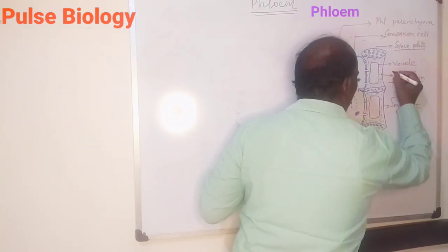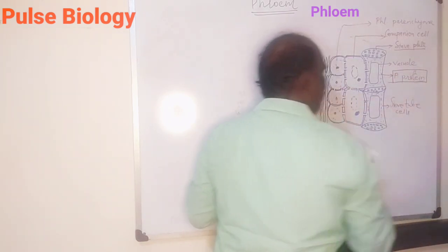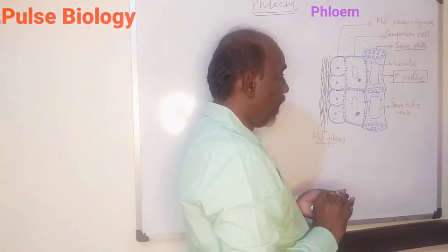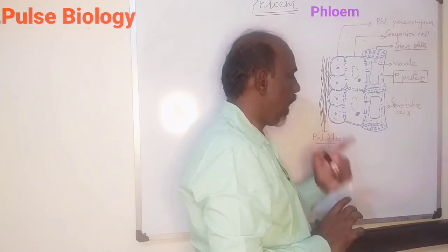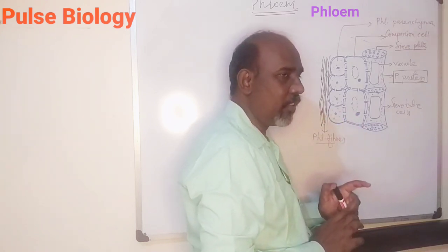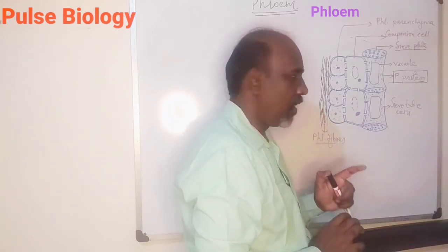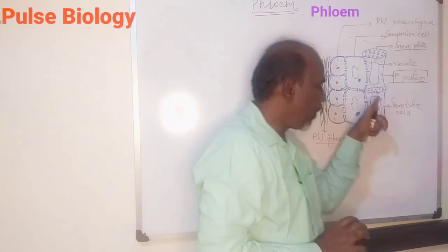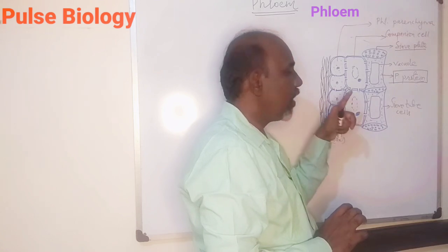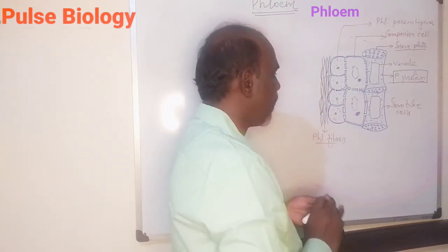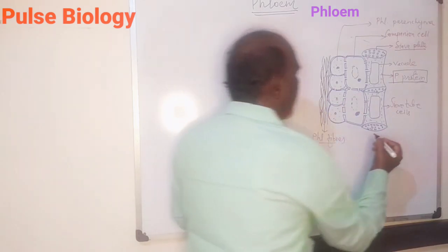which is called P protein or phloem protein. This protein is very useful to the plant or to this cell during certain conditions. This protein is responsible for the collection of callose, that is the polysaccharide callose.